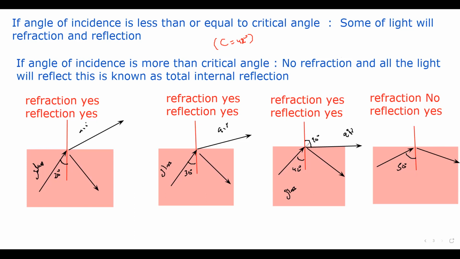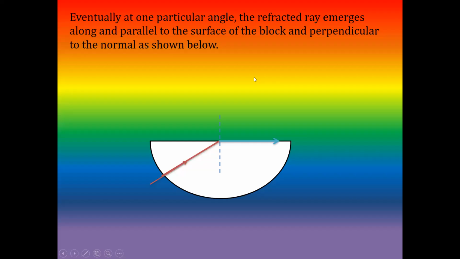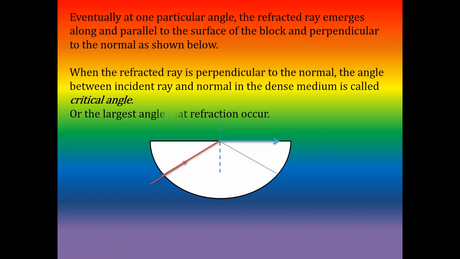Even if the light is traveling at 90 degrees, it comes out from the glass and moves along the surface, it changes the medium. That's why it refers to refraction. So this angle of incidence, for which the angle of refraction is 90 and the light moves along the surface, because the light changes the medium, there's a refraction.